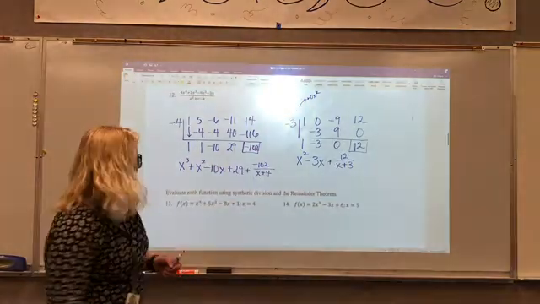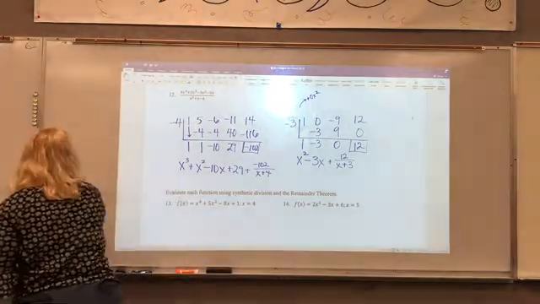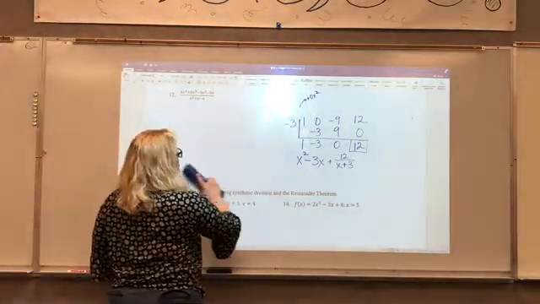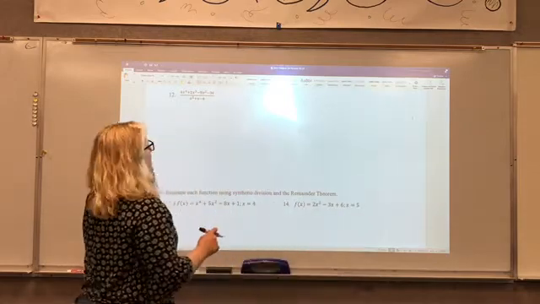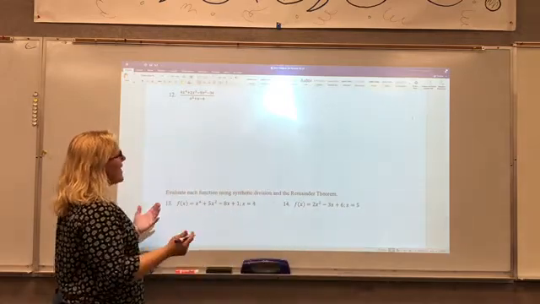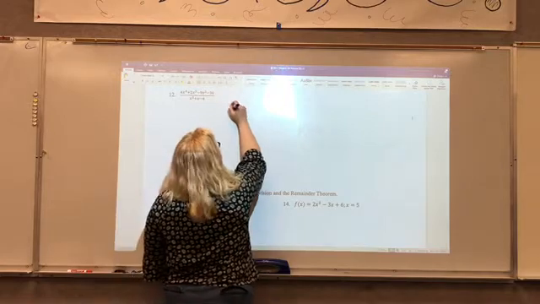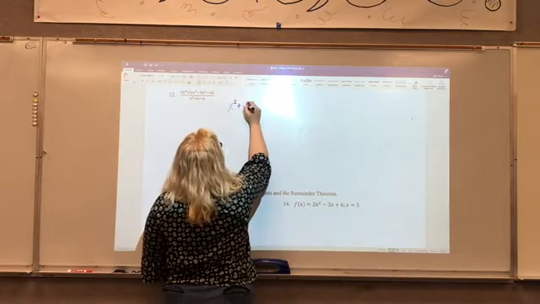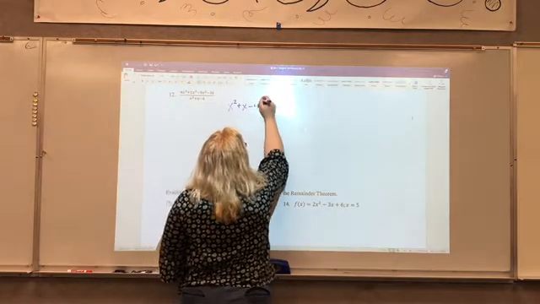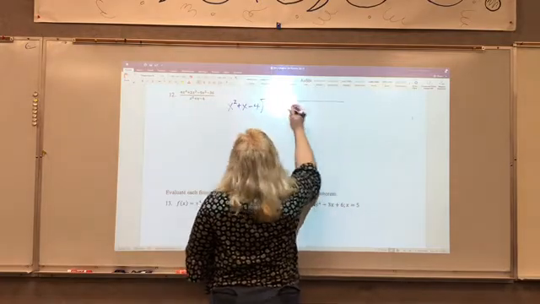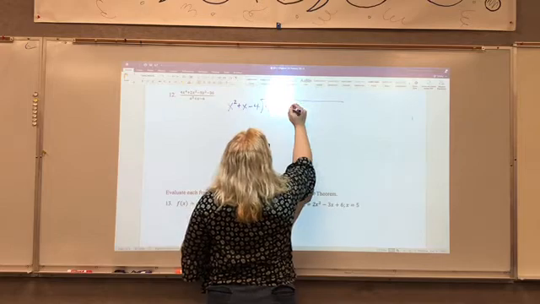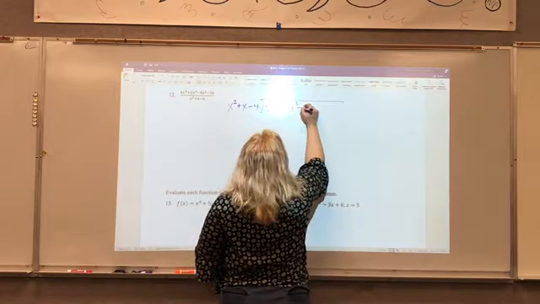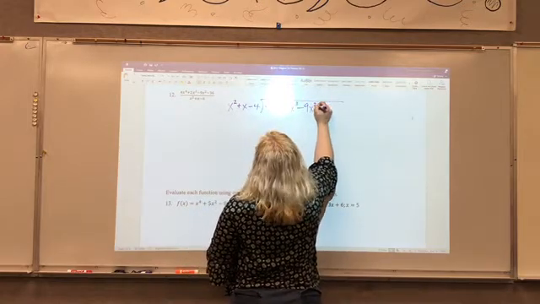Number 12. Like I said before, this one cannot be done with synthetic division. Okay. So this one I have to use long division. So I've got x squared plus x minus 4 going into 4x to the 4th plus 2x to the 3rd minus 9x squared.